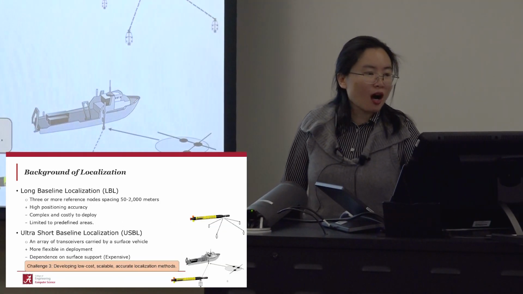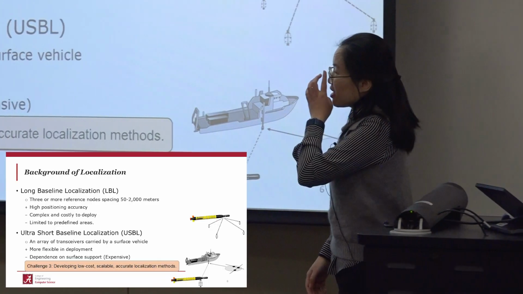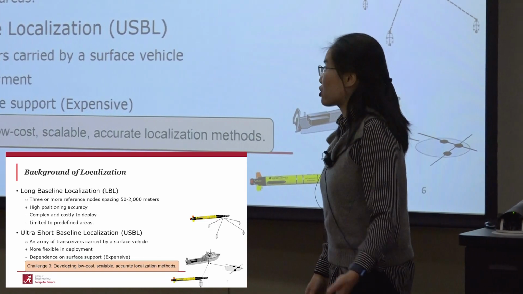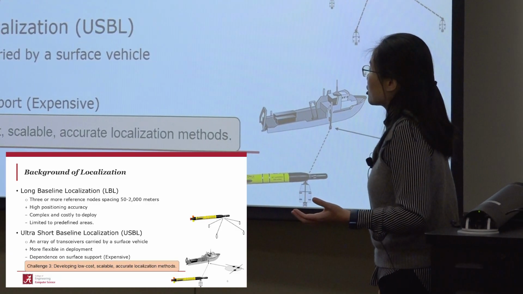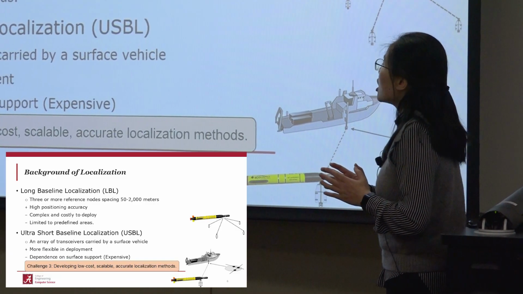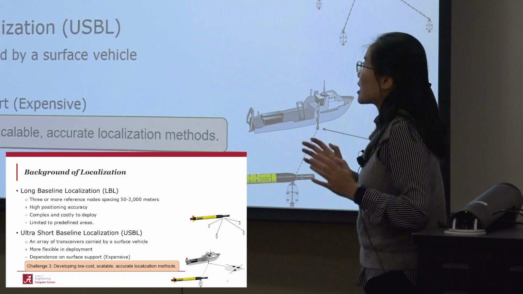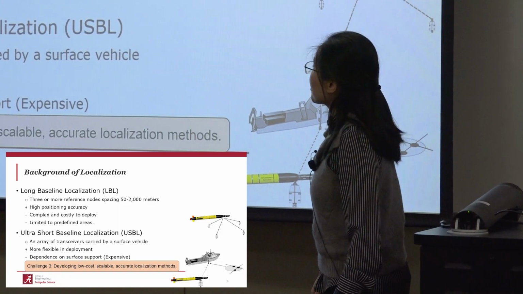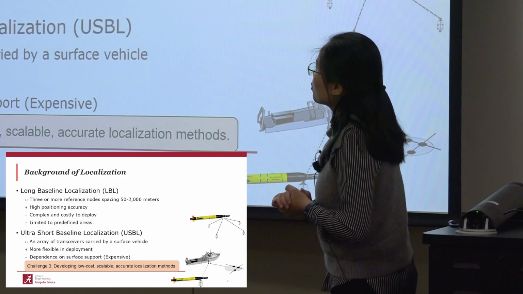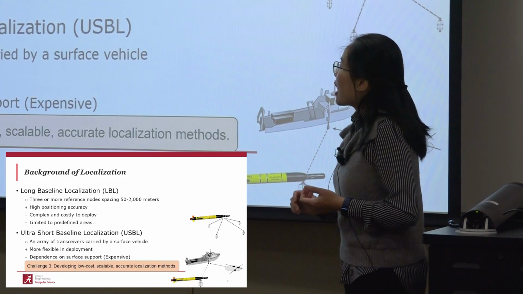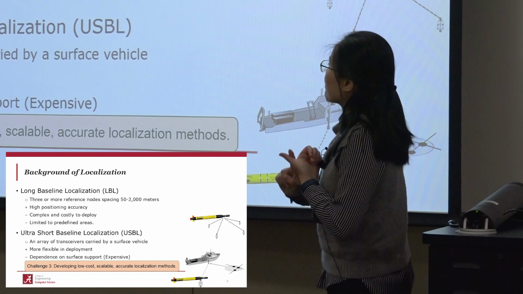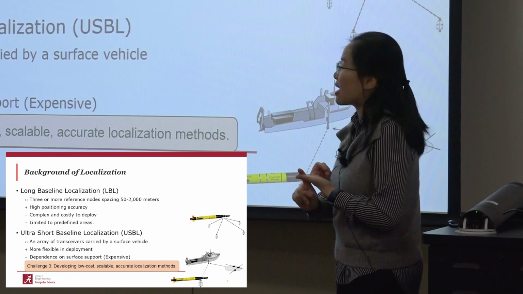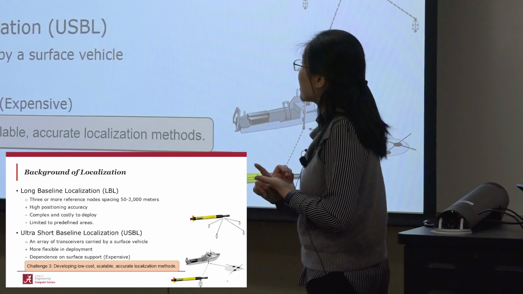The third challenge comes from localization. In the underwater environment, we still don't have a good solution for localization yet. There are two commonly used localization solutions, and both of them have their own limitations. The first one is called long baseline localization, short for LBL.